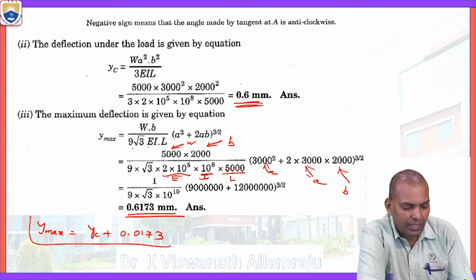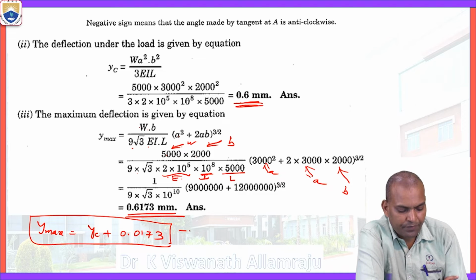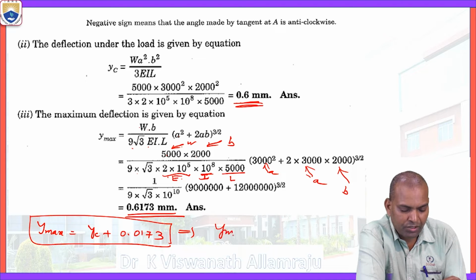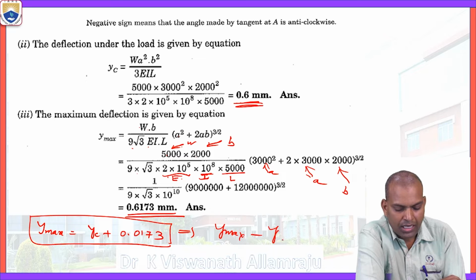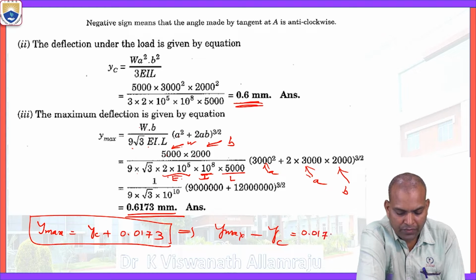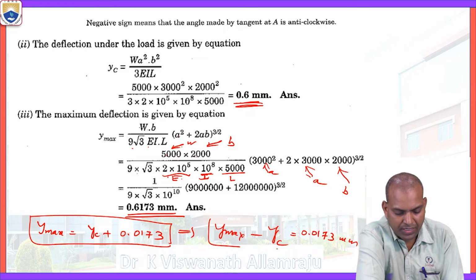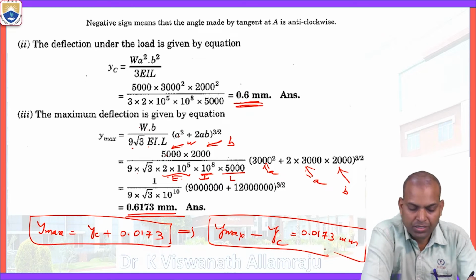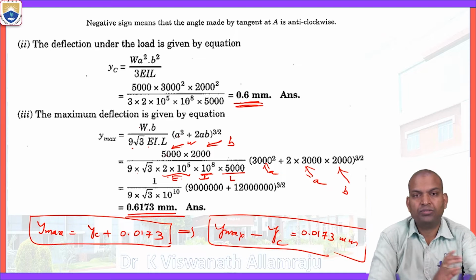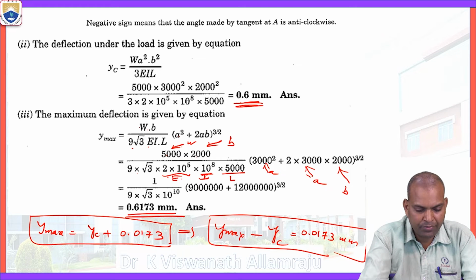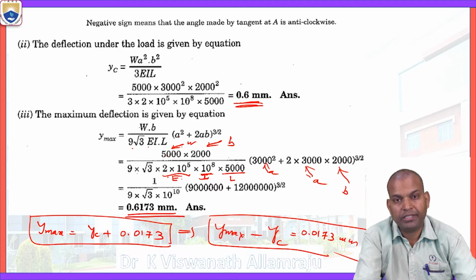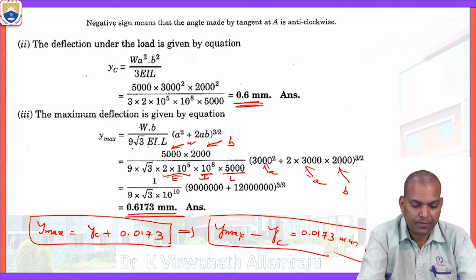The difference between the maximum deflection and the deflection under the load is 0.0173 millimeters. The maximum deflection value is 0.6173 millimeters and the deflection under the load value is 0.6 millimeters.